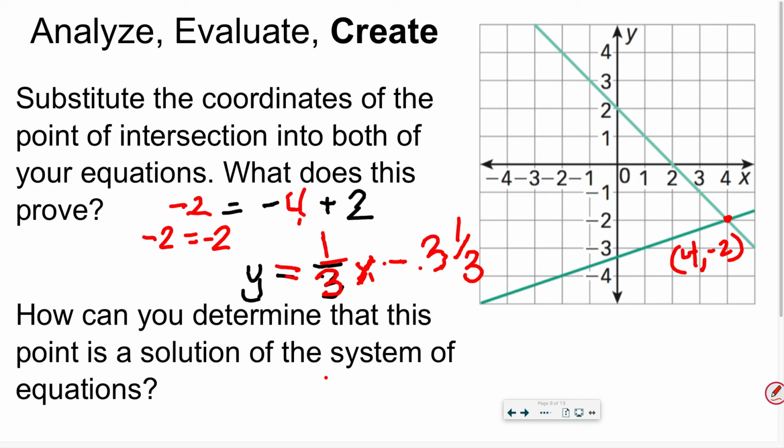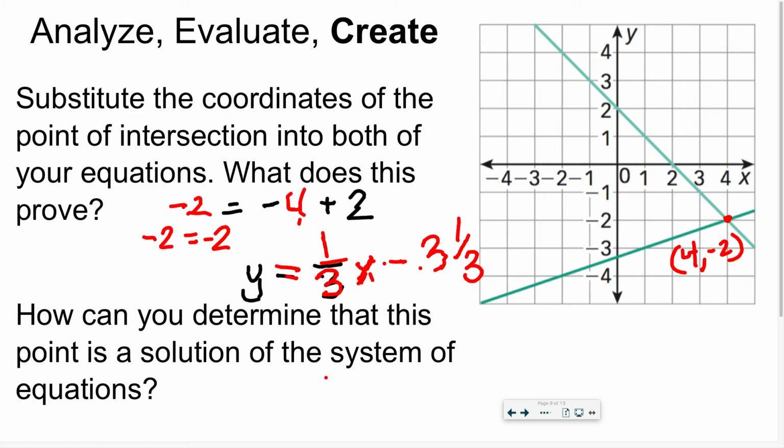What does that mean for that point on that line? We plugged in that point. That means that it's correct.